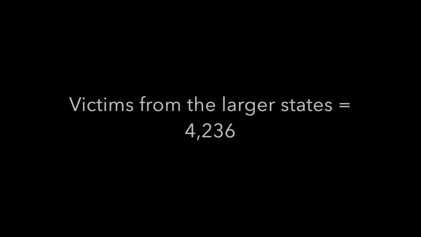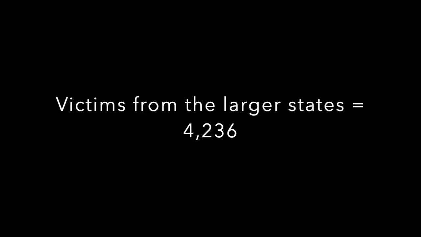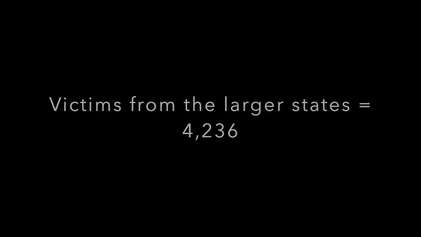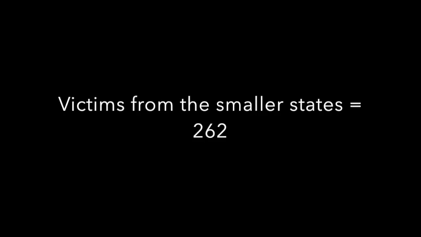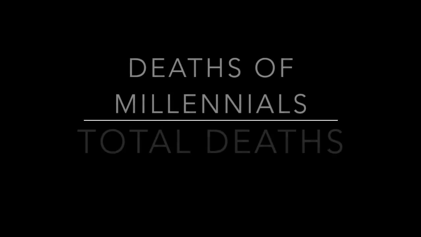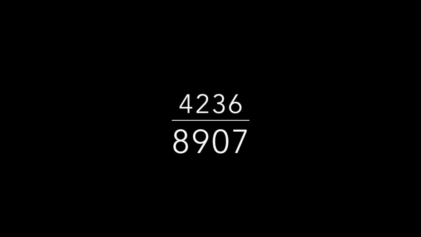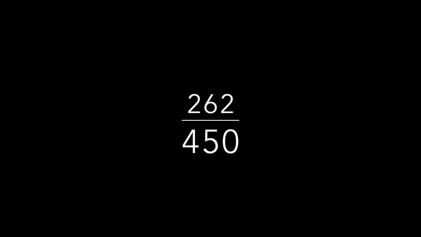The number of victims between the ages of 18 and 34 in the larger states ended up being 4,236, while the number of victims in the smaller states ended up being 262. These numbers were divided by the total populations per group, respectively. For the larger states, we divided 4,236 by 8,907, and for the smaller states, we divided 262 by 450.